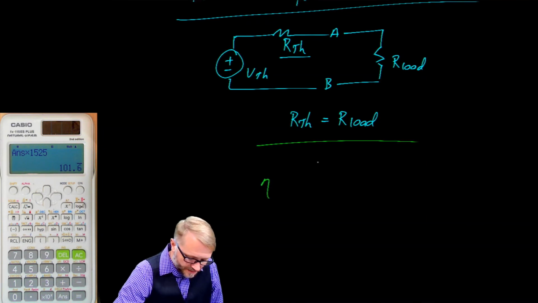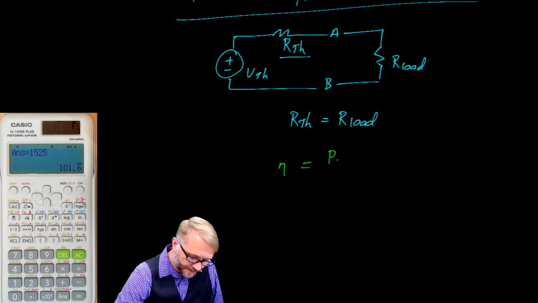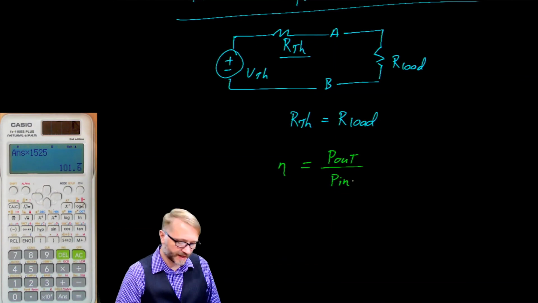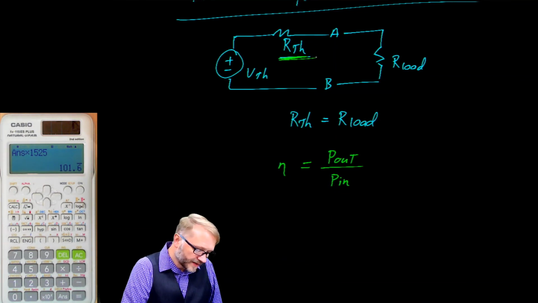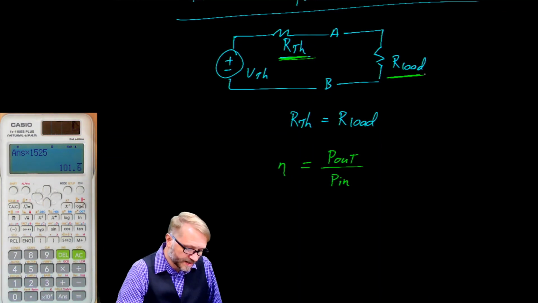There's this concept called efficiency, defined as the output power over the input power. And if you were to look at this circuit and you said our Thevenin and our load are matched, you would find out that half of your power, literally half of your power, is burned up in the Thevenin resistance.